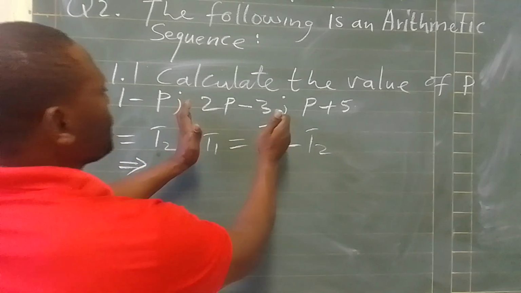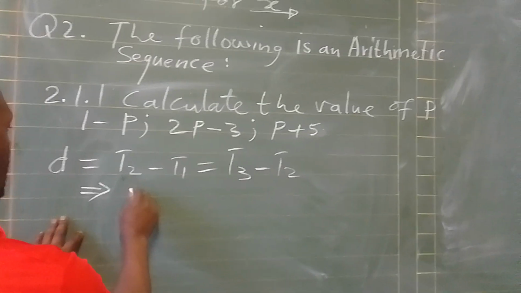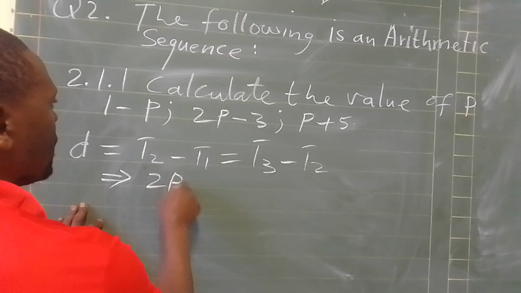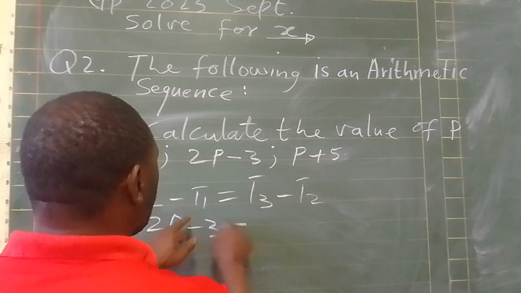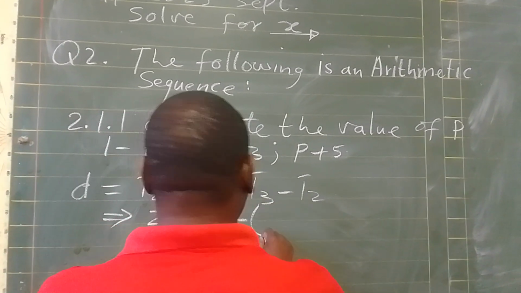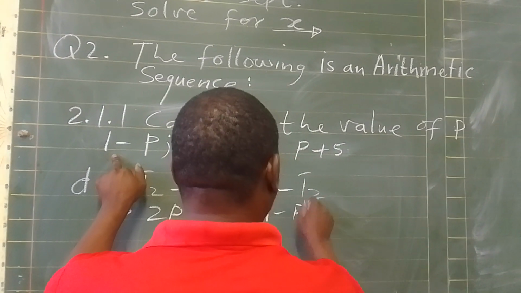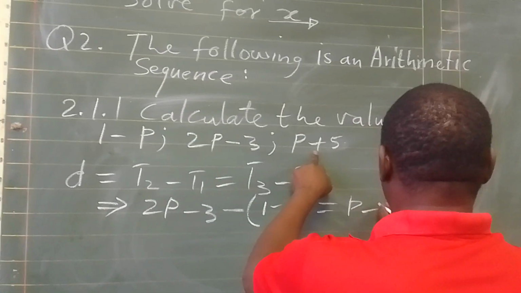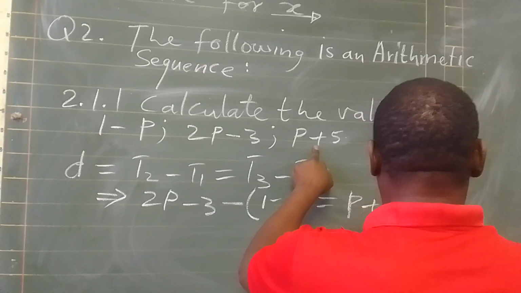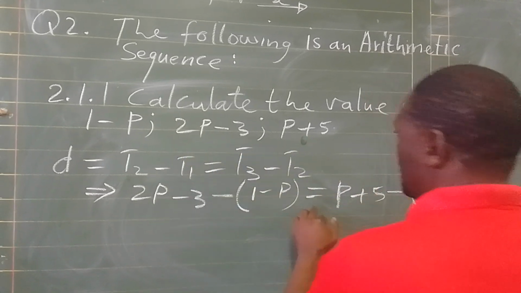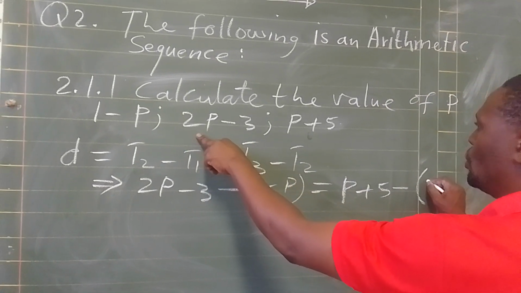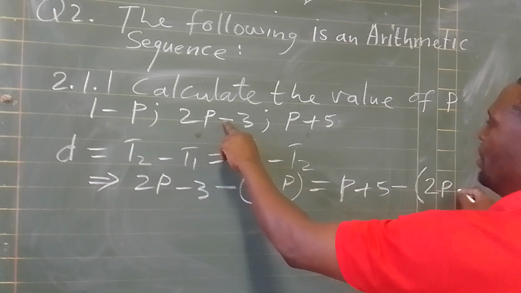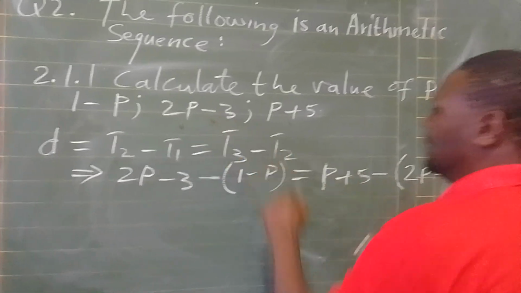Term 2 is 2P minus 3 minus term 1, 1 minus P, is equal to term 3, P plus 5, minus term 2, 2P minus 3.